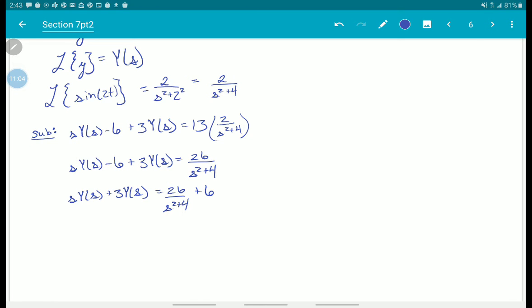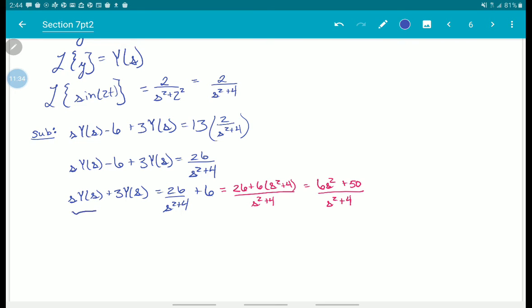So I'm going to continue working with that right-hand side, and I'm going to change color so you can see that. So we're going to have 26 plus 6 times s squared plus 4, all over that denominator, s squared plus 4. So that's going to give us 6s squared. This is going to be 26 plus 24, which is 50, over s squared plus 4.